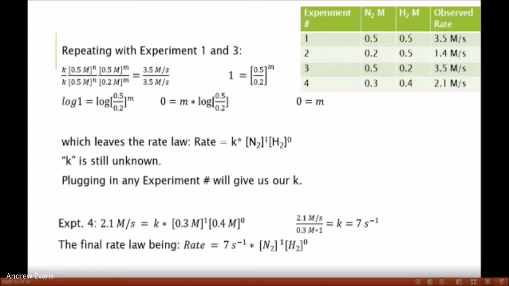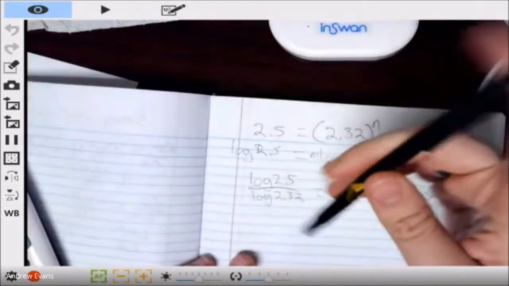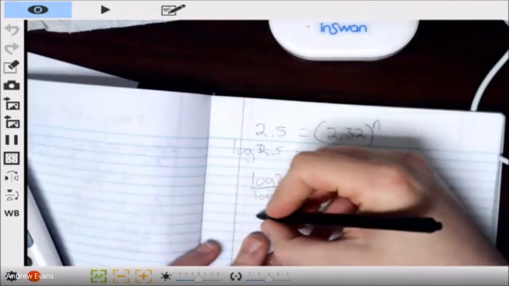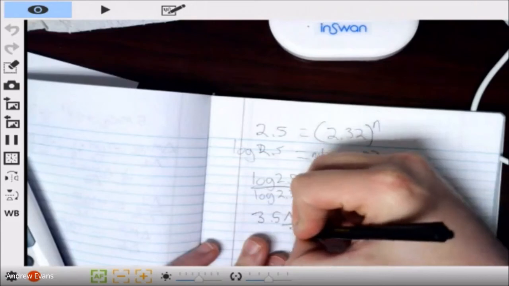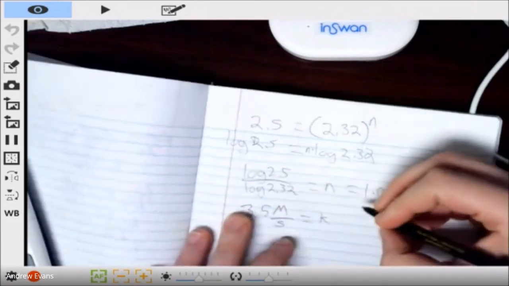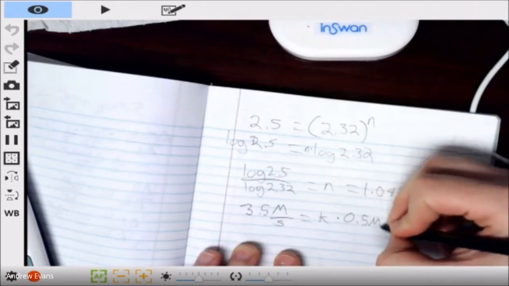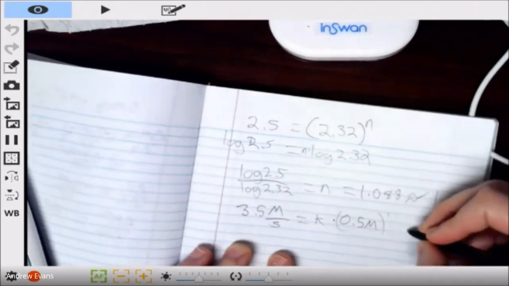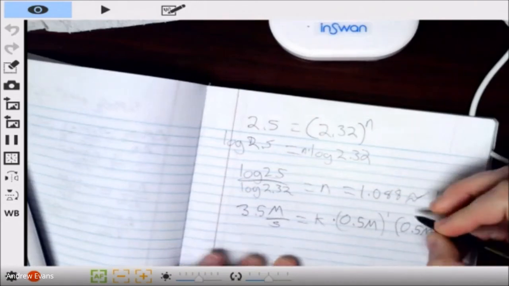And here's the beauty of this. If done right, it does not matter which experiment you use. Going back to the doc cam. If I use experiment 1, 3.5 molarity per second equals K times 0.5 M times 0.5 M to the 0th.